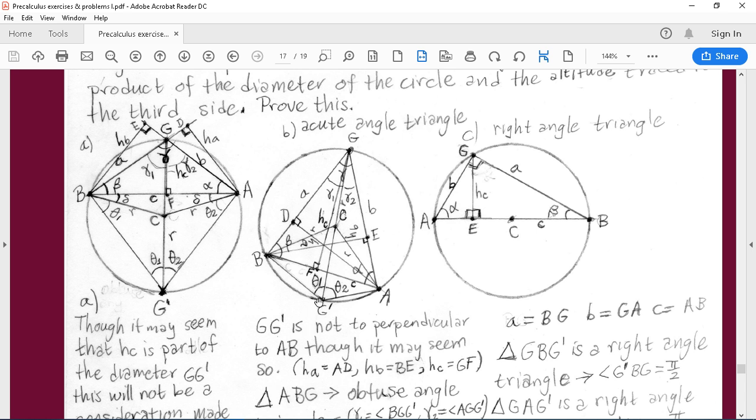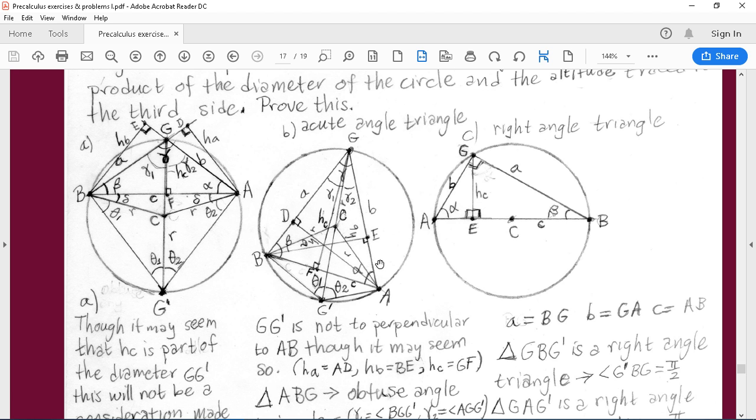We have other right triangles such as GBE, BEA, ADB, ADG, GFB, and GFA.